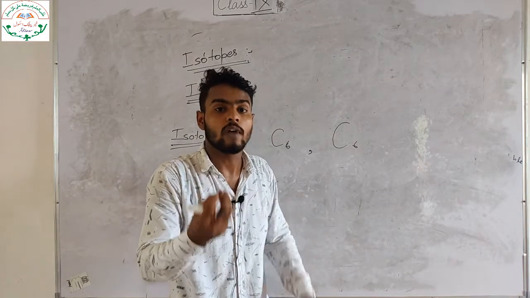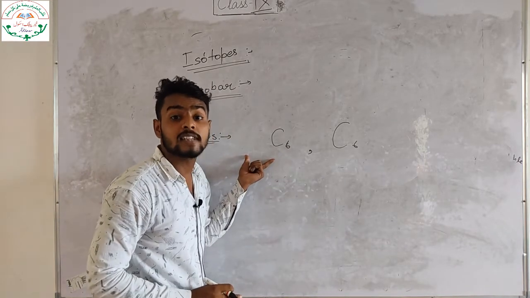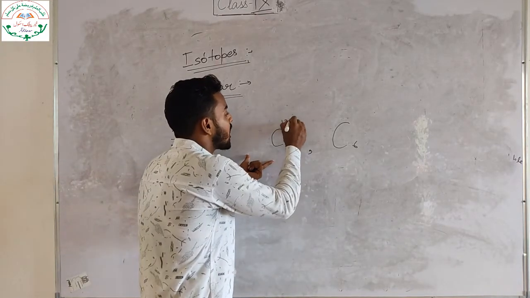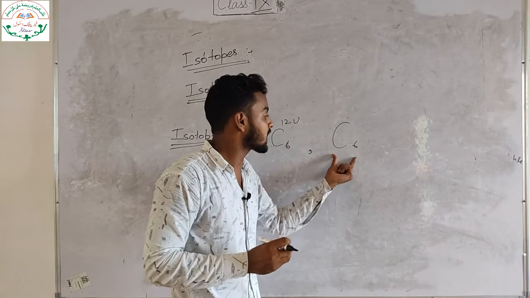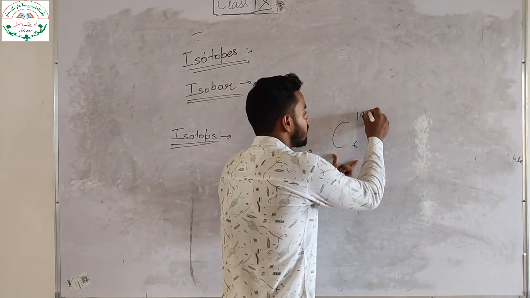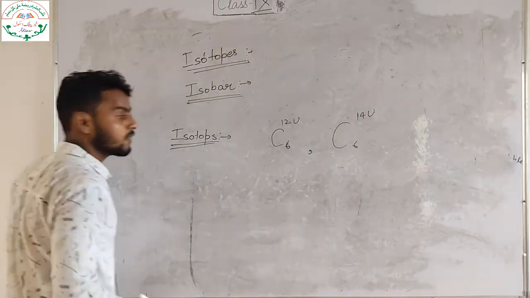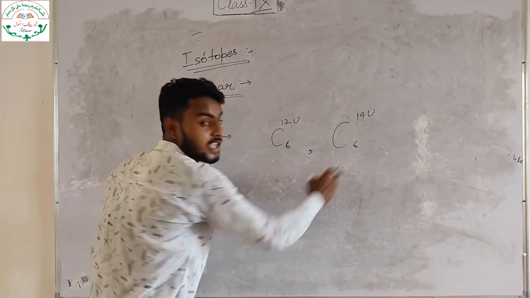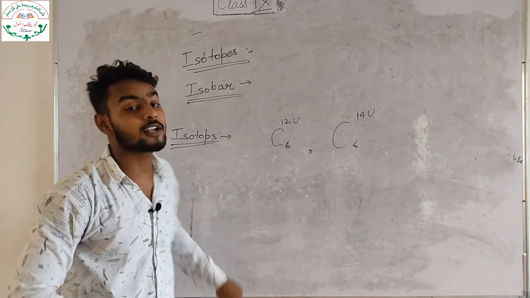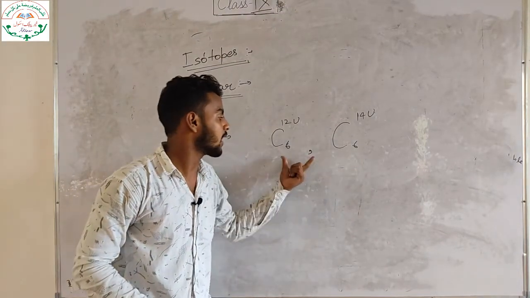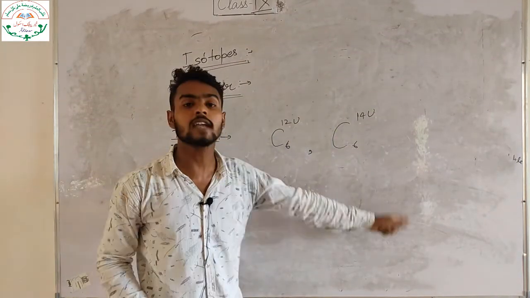In one case, carbon has an atomic mass of 12, but in some cases carbon shows a unified mass of 14. We can see that the atomic number is the same but the atomic mass is different. So isotopes are those elements which have the similar atomic number but different atomic masses.